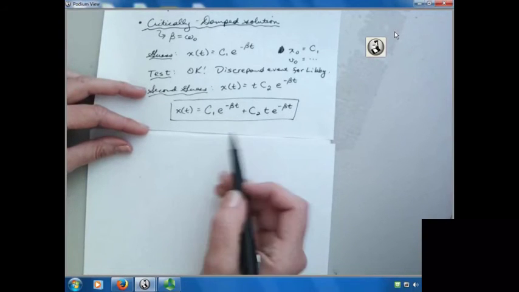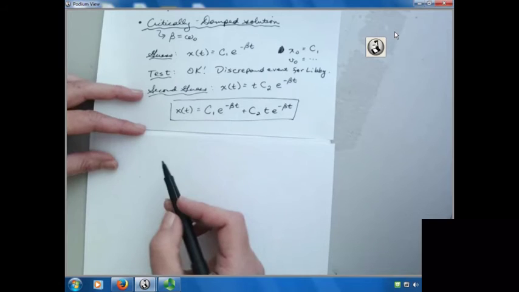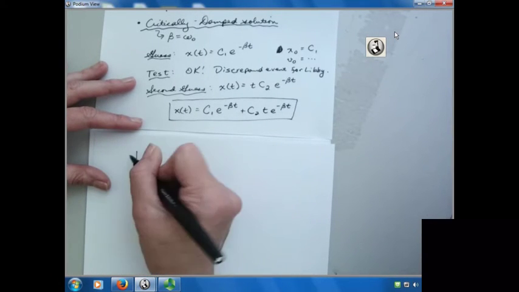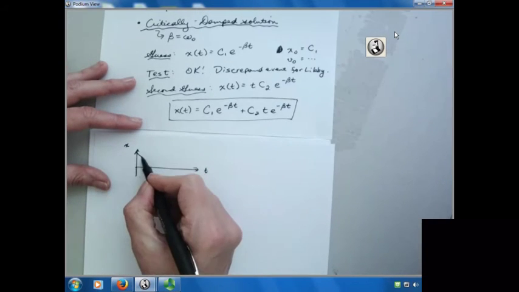And so both of these are going to basically die. Obviously, the first one dies faster. So as t goes to infinity, the first term will dominate. And we get x as a function of t.